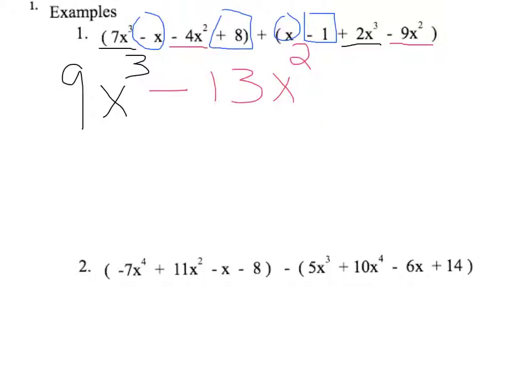Positive 8 combined with a negative 1 gives me a positive 7. And so now I have my answer in descending order, and I've combined like terms. Let's go to example number 2.